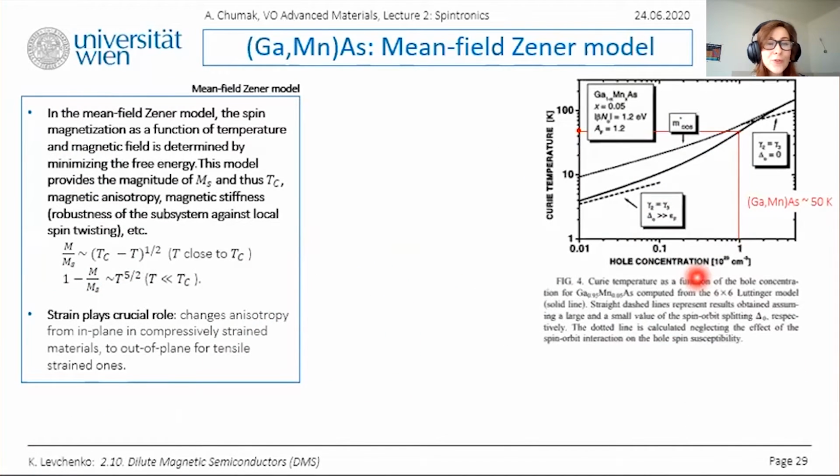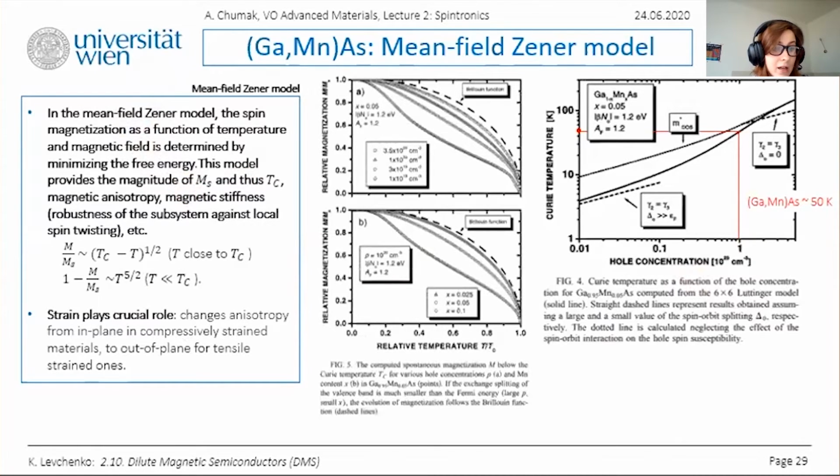Of course, in order to understand the magnetization in depth, one may need to dive deeper into sophisticated and complicated physical models, starting with a mean-field Zener model. Without giving too much information, I would just like to highlight that within this Zener model, spin magnetization as a function of temperature and magnetic field is determined by minimizing the free energy.